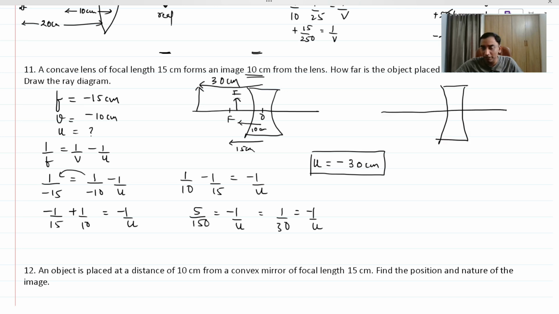You may put the object anywhere. Since I am drawing freehand, the diagram would not be so good, but you may keep the object here. First ray parallel, it would be diverging like this, second passing through the optical center, and the image is here, right? This distance is 10 centimeters, and triple the distance is U, that is 30 centimeters. That's it, right? Let's move ahead.